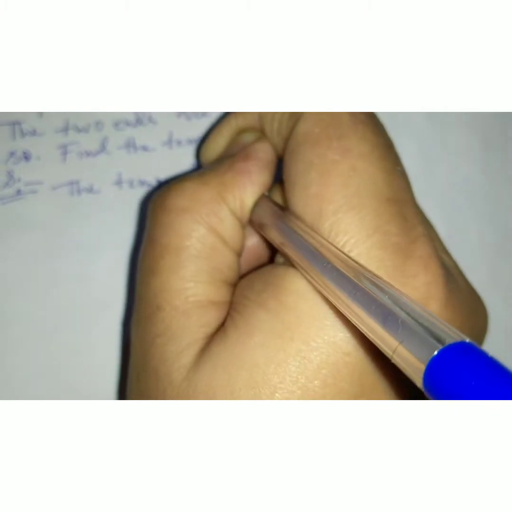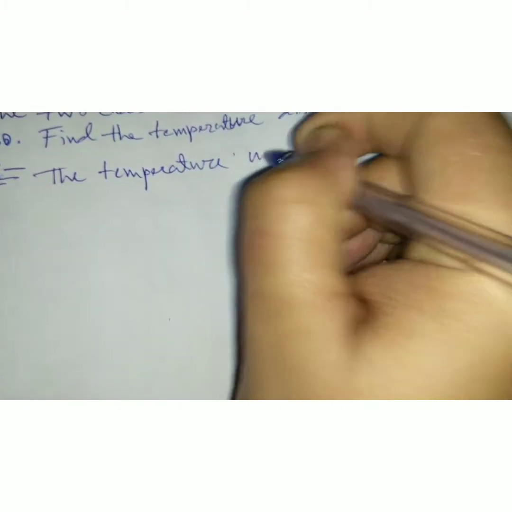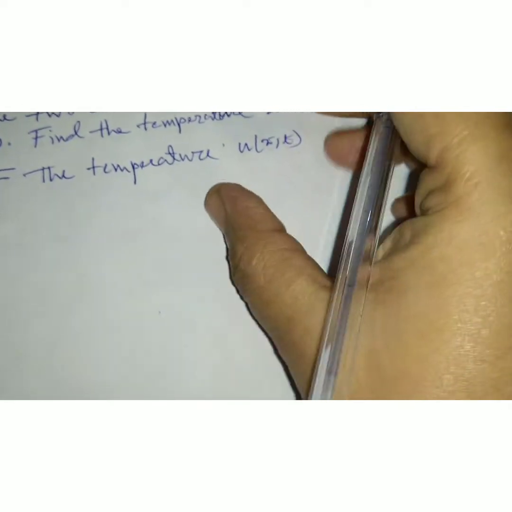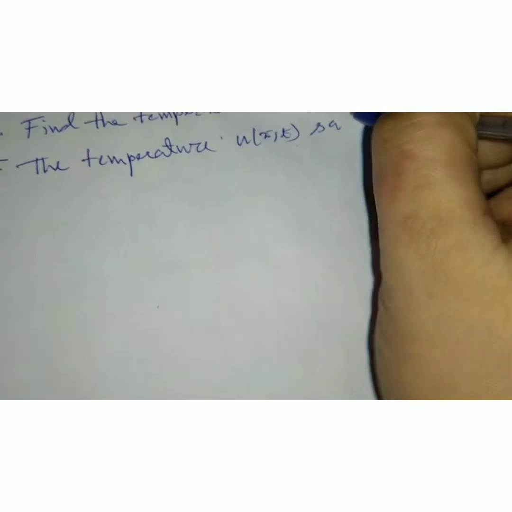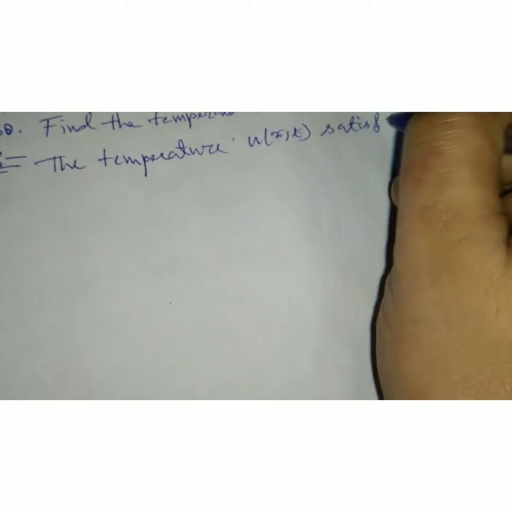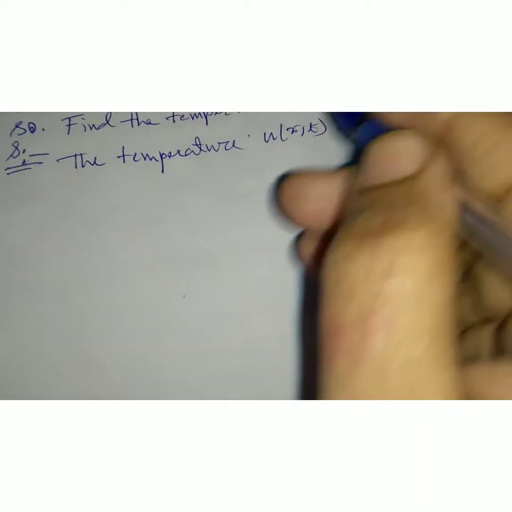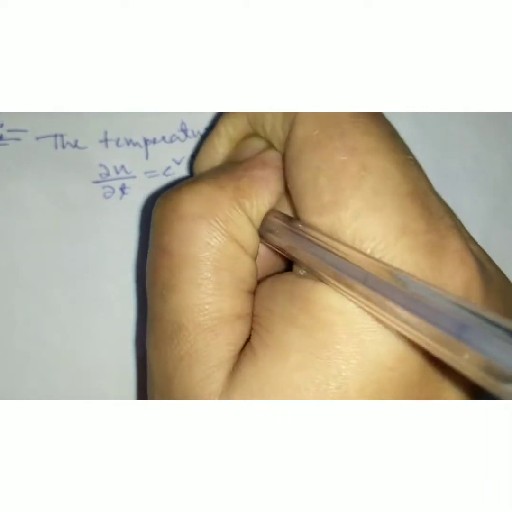The temperature u(x,t) always satisfies this equation, which is very important: del u by del t is equal to c square into del square u divided by del x square. This equation is very important.